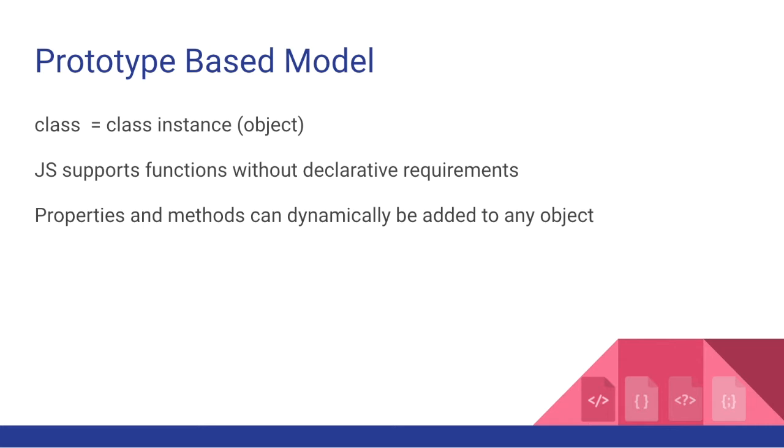So JS doesn't distinguish between a class and a class instance or an object. It only has objects. JavaScript also supports functions without any special declarative requirements. This is somewhat similar to anonymous functions in Java, or lambda expressions, as we call them in C++.